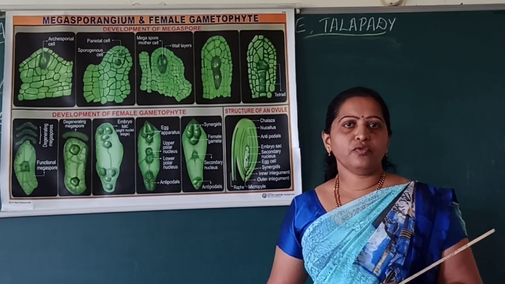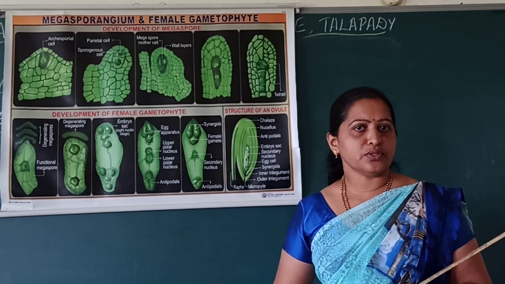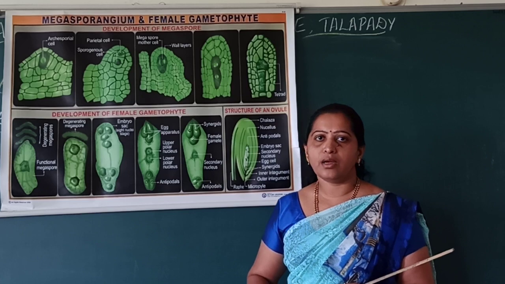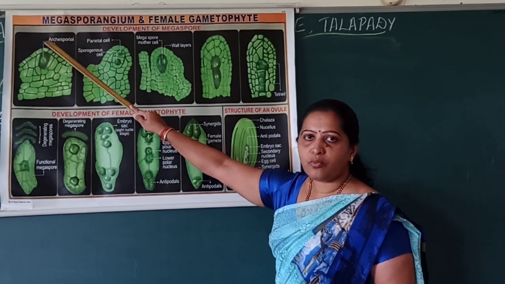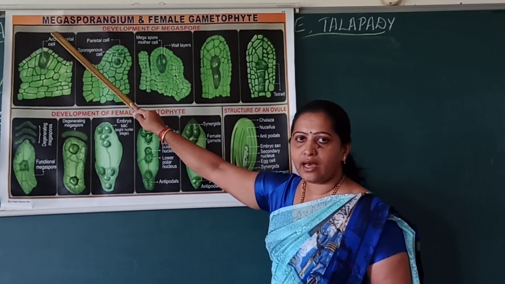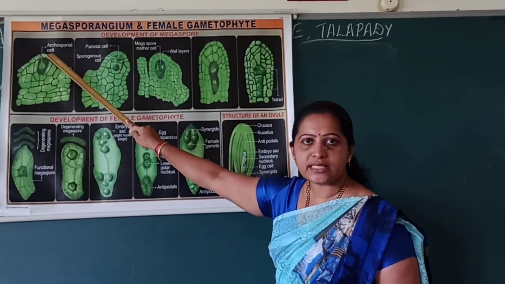Within the ovule there are tissues known as nucellus, and this nucellus tissue is filled with reserve food material. One of the cells towards the micropylar end is called the archisporial cell.